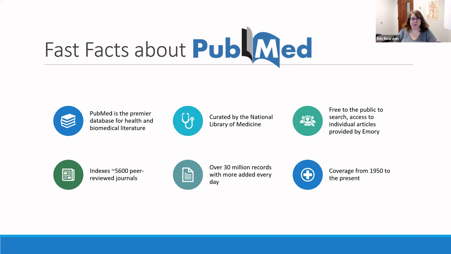So for you all, access to individual articles is going to be provided by Emory subscriptions. There are over 5,600 peer-reviewed journals that are indexed in PubMed, over 30 million records with more added every day. And it covers from about 1947 to the present.